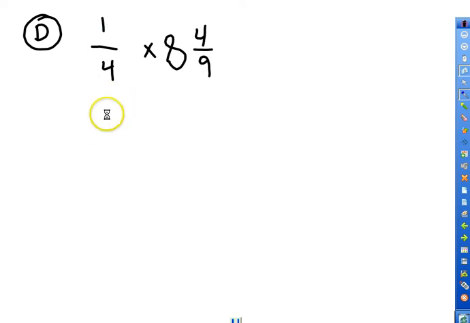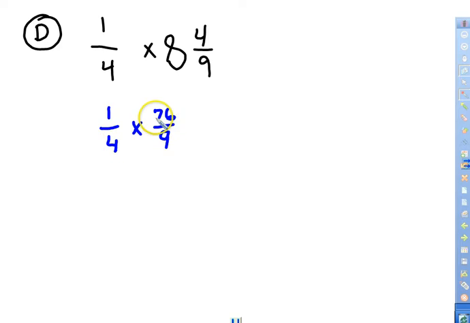So 1/4 is already a fraction, so we'll write 1/4 times. This is a mixed number, therefore we have to convert it to an improper fraction. So 9 times 8 is 72, plus 4 more is 76 over 9. Now we can look to see if we can cross-reduce, and in this case we can.